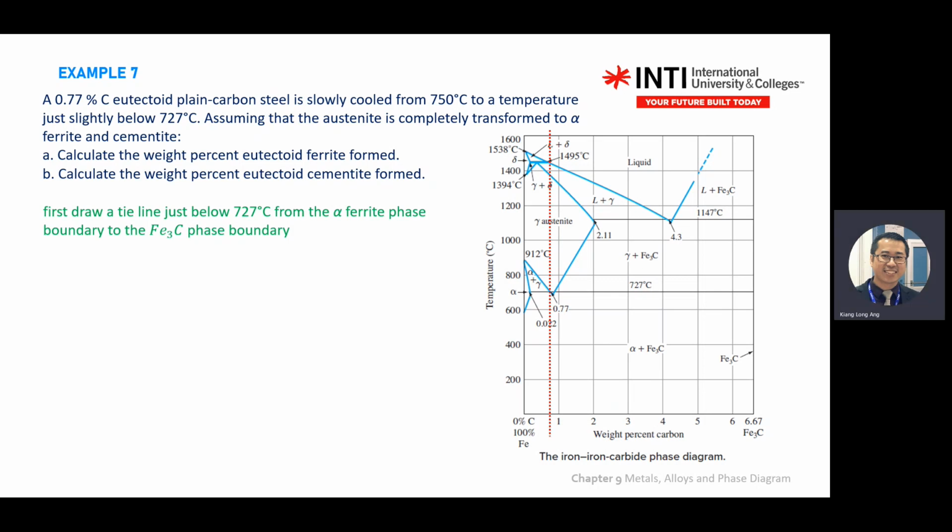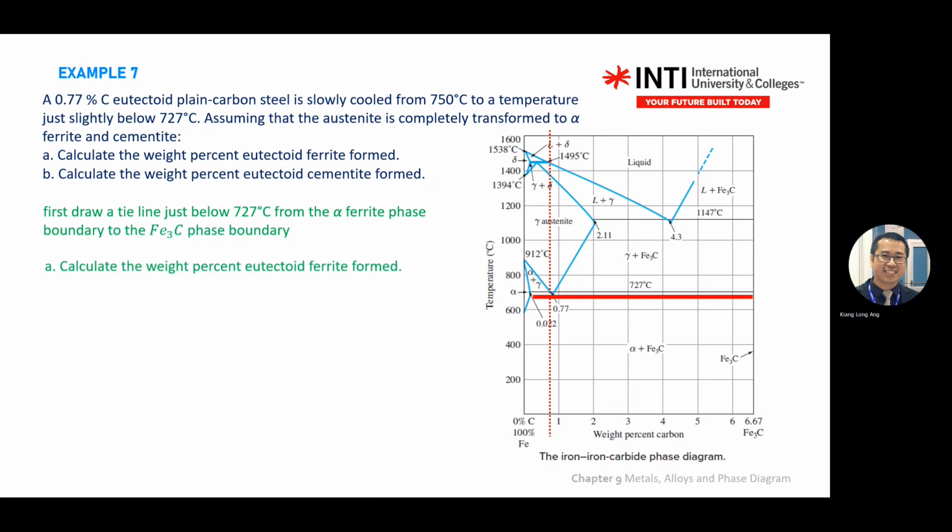You draw the line, and then you go to temperature 727. 727 is roughly here. It tells you just below, so I highlight just below 727 here. I draw it with a solid line there.